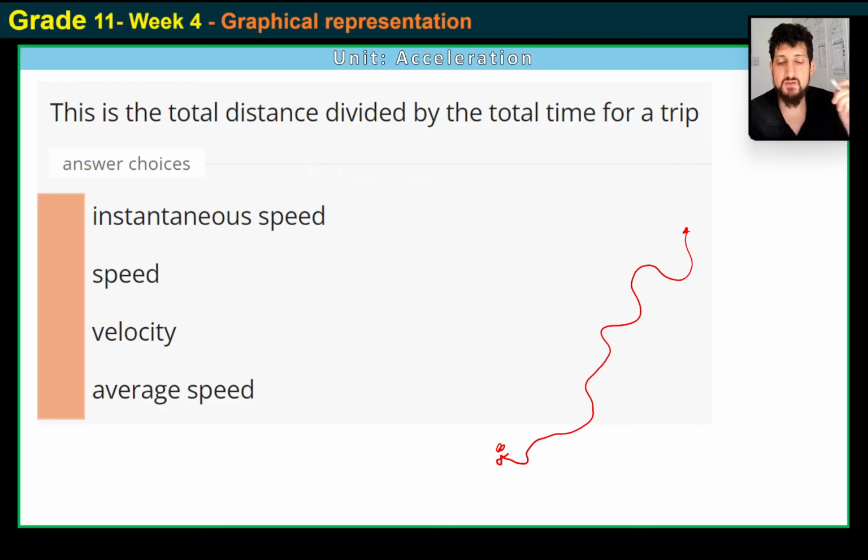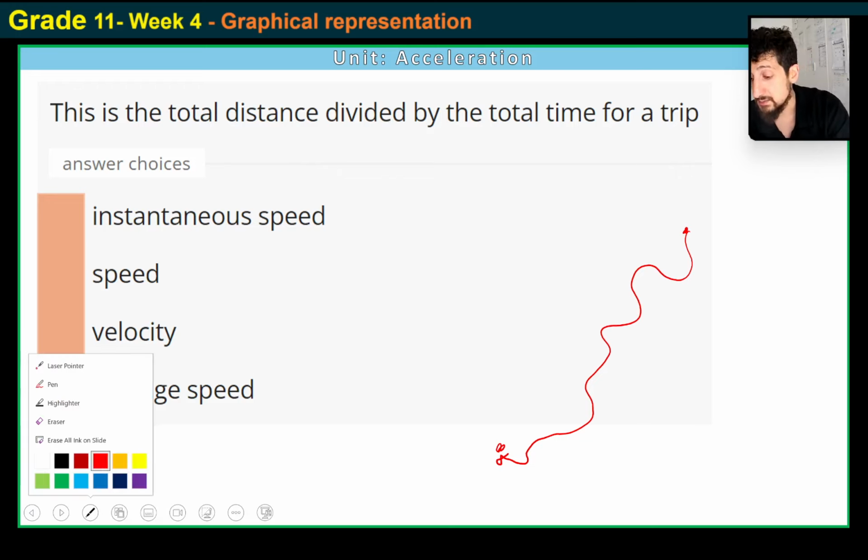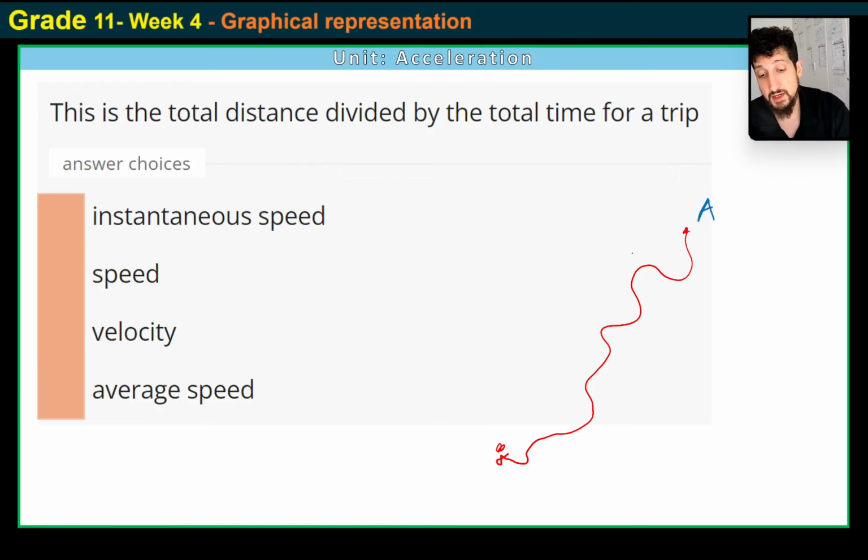What about average velocity? Average velocity is going to be the shortest distance, or my displacement, which is from point A to point B. So this is the displacement, in the dotted line. Displacement over time is going to give me my average velocity.